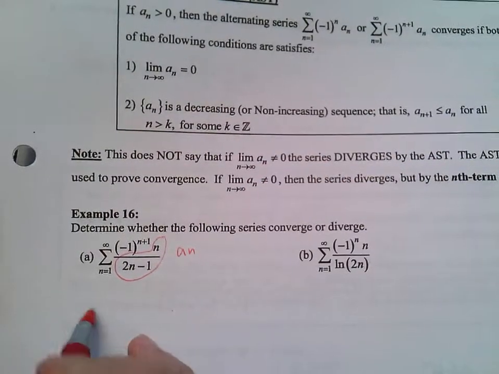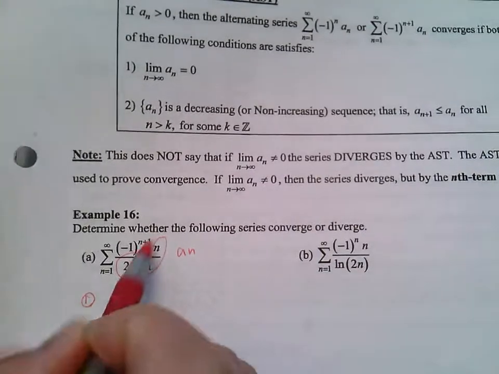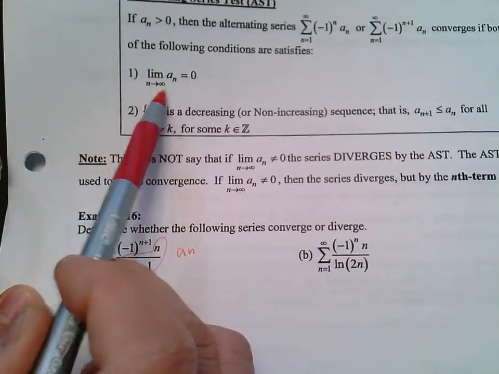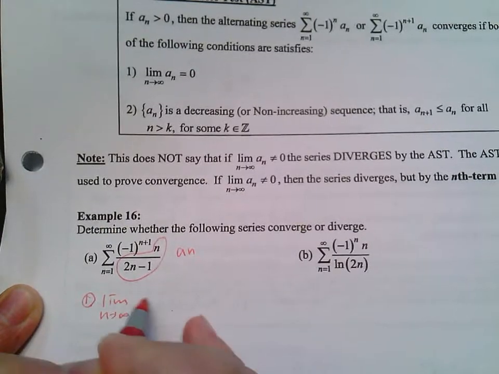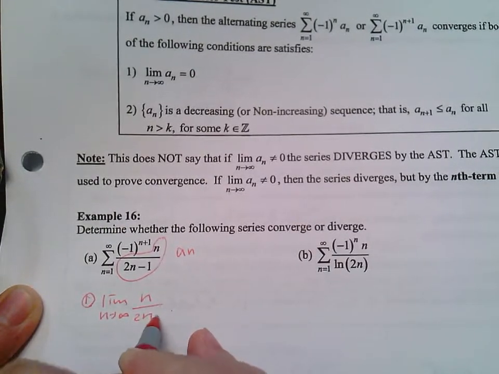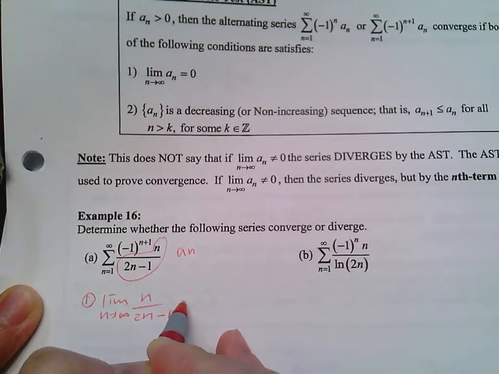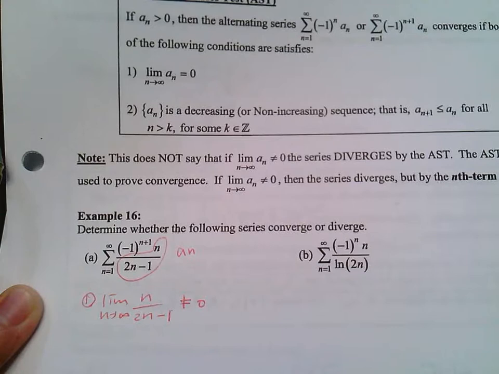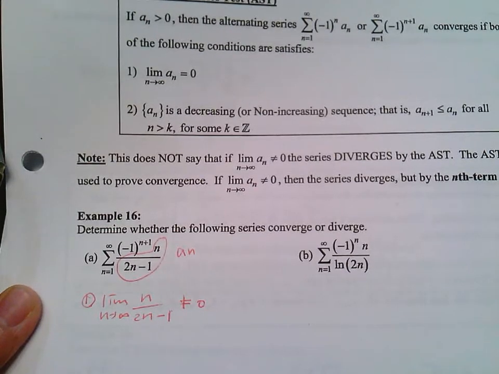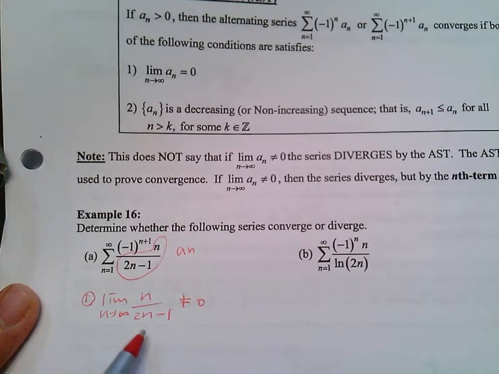So what we're going to do for number one is take the limit as n approaches infinity of n over 2n minus 1. Isn't it 0? This is not equal to 0. So what does that mean?